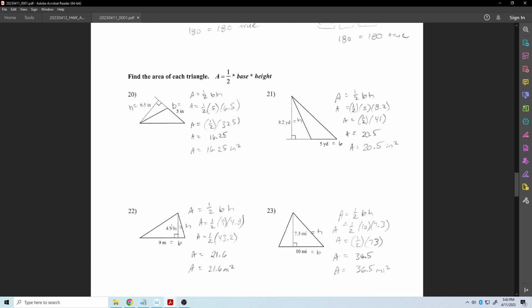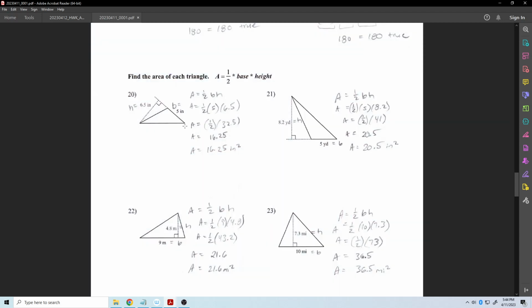But in the problems you're going to get on this assignment and on the quiz, it's going to give you your height and base, and according to the formula here, the only unknown variables are base and height. So if you know the values of all your factors, then you can get a final area answer.